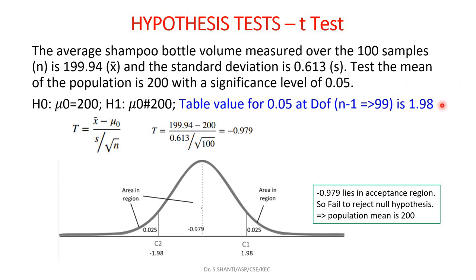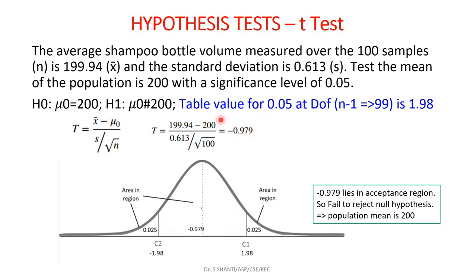Next we have to decide whether to accept or reject the null hypothesis. This is a two-tailed test, and our table value is 1.98. So our acceptance region lies between minus 1.98 and 1.98. If the computed value falls within that range, we can accept the null hypothesis.